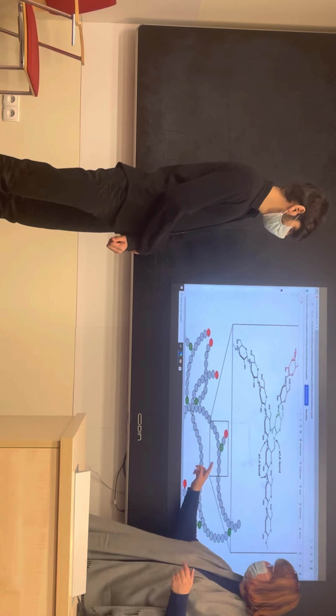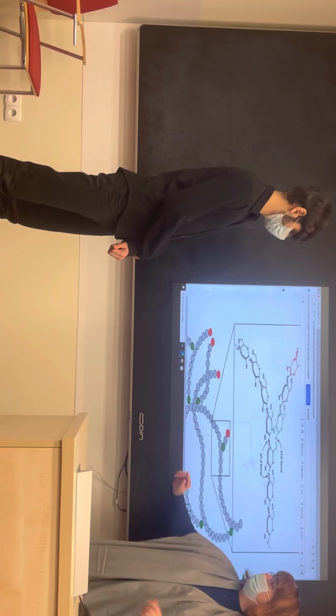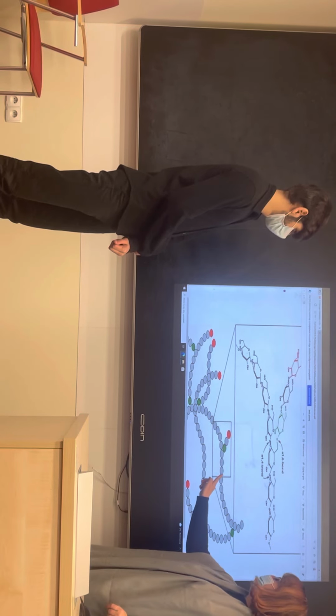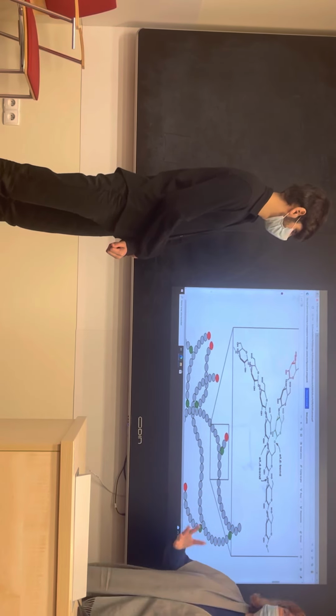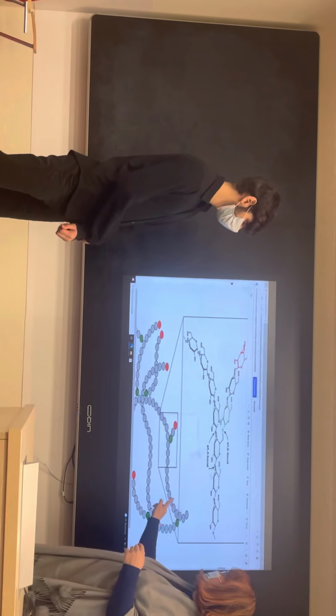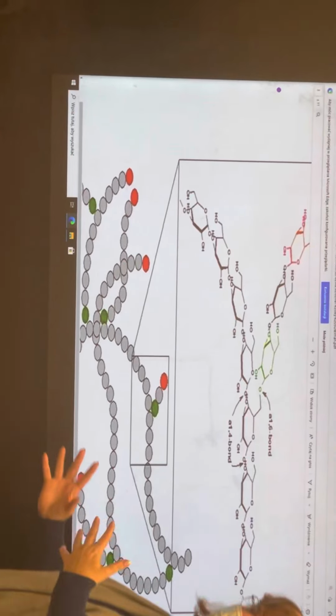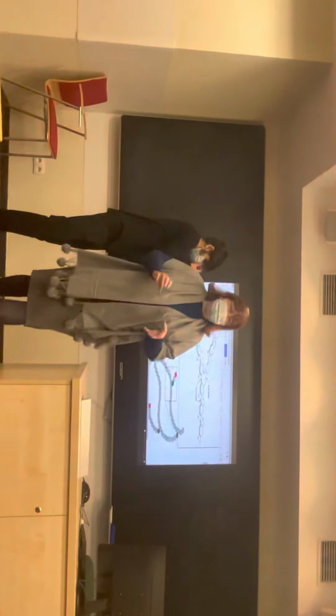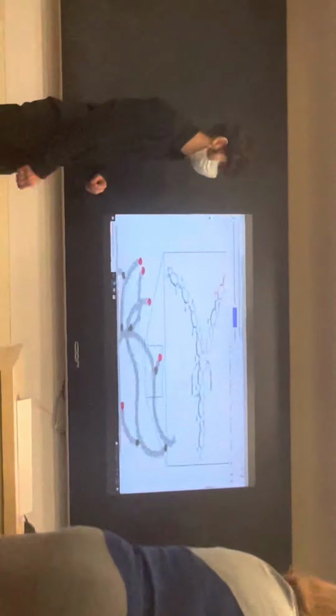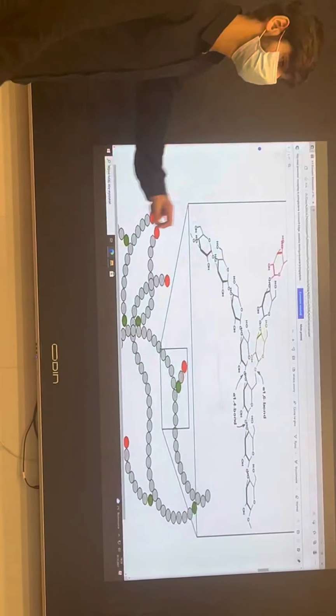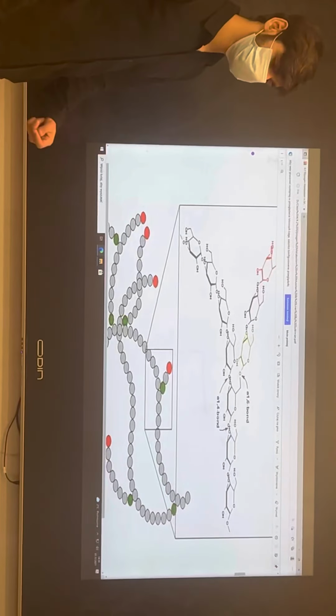You can see that the predominant product from all those gray glucose residues is glucose 1-phosphate. So this is a big difference between glucose and glucose 1-phosphate. The predominant form is glucose 1-phosphate.